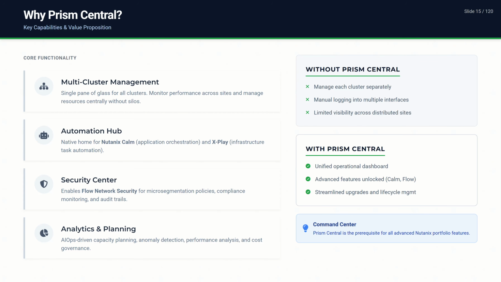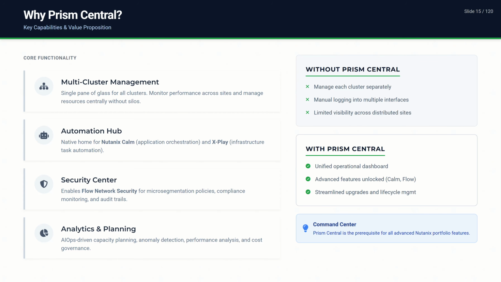Then third, we have the Security Center. This enables Flow Network Security, Nutanix's solution for microsegmentation. You can create security policies, monitor compliance, and maintain detailed audit trails. In today's security-conscious environment, this is absolutely critical for protecting your workloads.